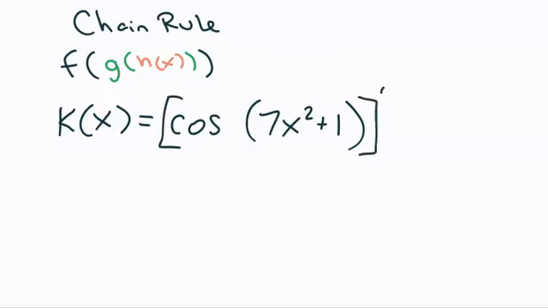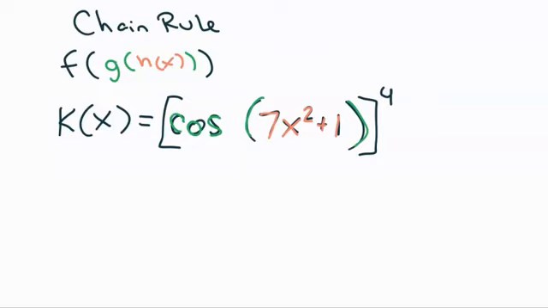If I write it in this other notation, maybe it's more obvious that cosine is plugged into the something to the fourth function. And then 7x squared plus 1 is plugged into cosine, like a function in a function in a function. It reminds me of that movie Inception, where they go a dream in a dream in a dream. So we've got functionception here.